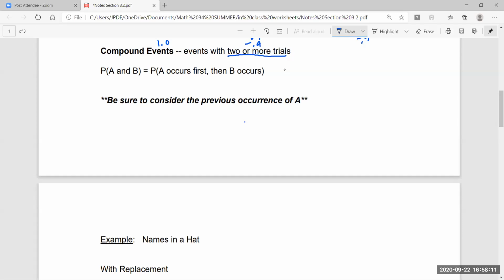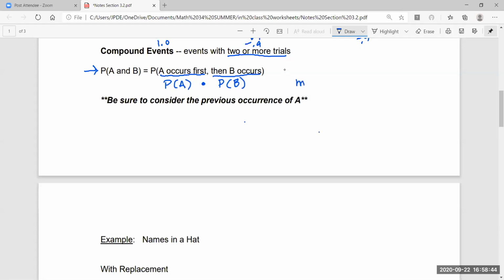So we're going to be discussing the and ones in this section. So this one says the probability that A happens and B happens. And it's telling you here, A happens first, B happens second. The way we figure this out is we'll take the probability of A and we'll multiply it by the probability of B.